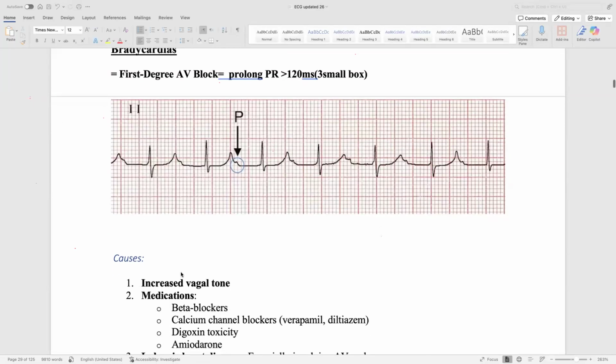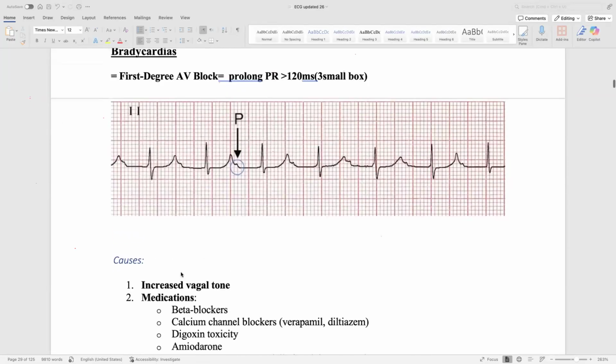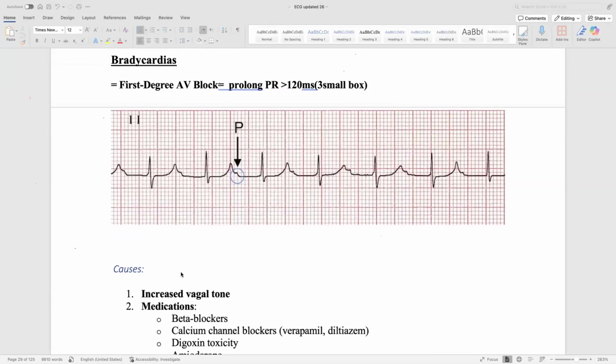Okay, let's come to the clinical. The first time. If everything is normal, but the time lag between atrial depolarization, P wave, and ventricular depolarization, R wave, is too much time, too much time, this is a first degree heart block.